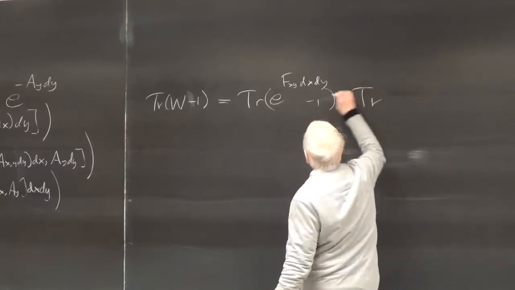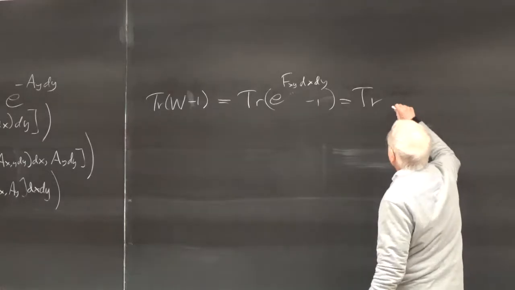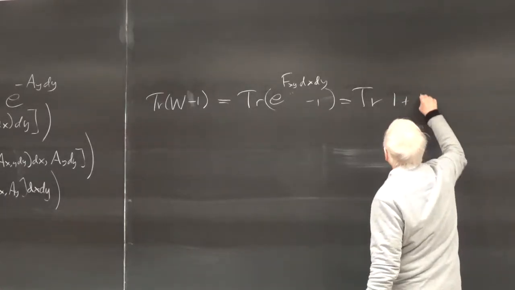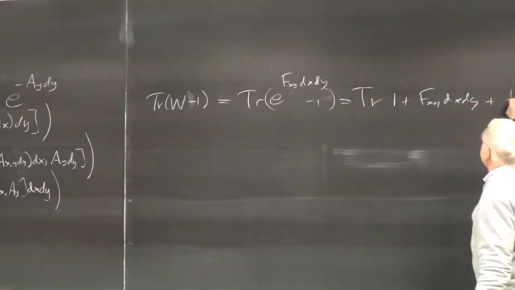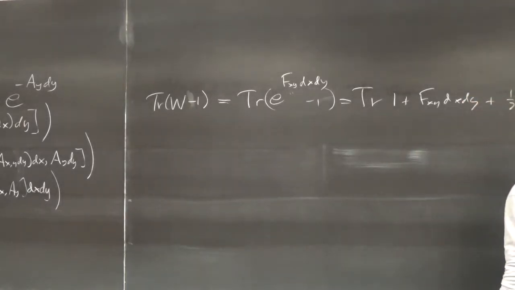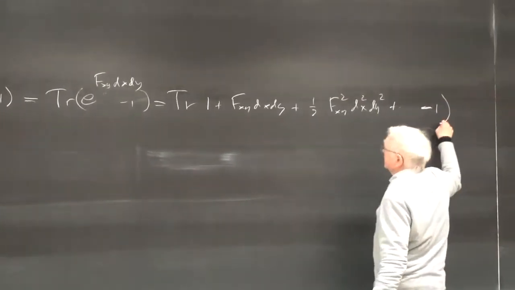And so now if we expand this, because this is a hyper-small quantity, what we get is 1 plus F_xy dx dy plus a half F_xy squared dx squared dy squared plus all sorts of other terms, and then minus 1.